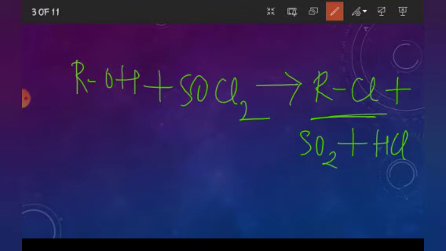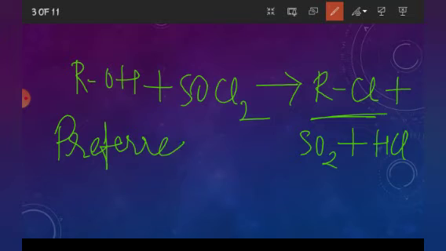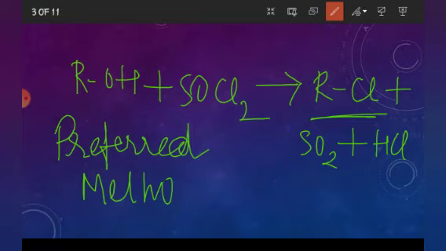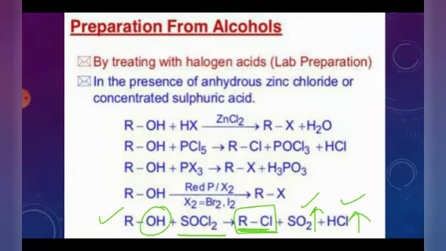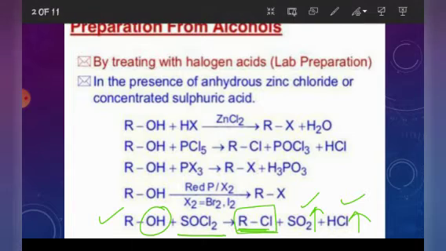So this is the most preferred method among all the methods I have discussed from alcohols, because these two are escapable gases, leaving behind the main product, which is alkyl halide. So these were all the methods from alcohol itself.